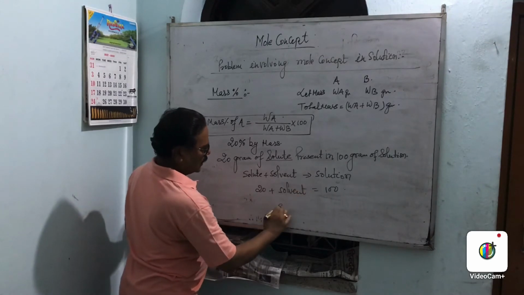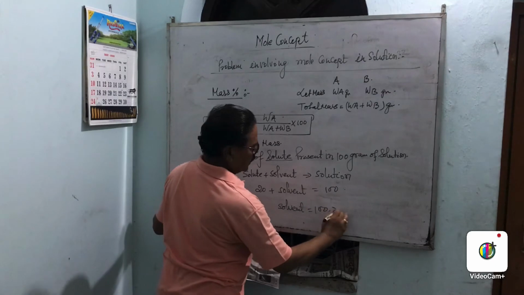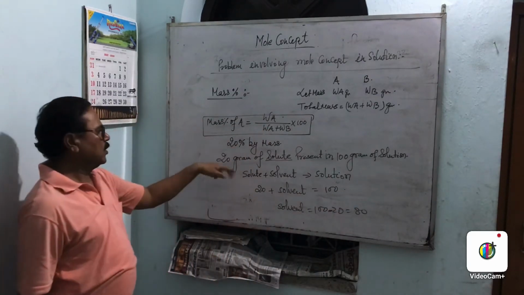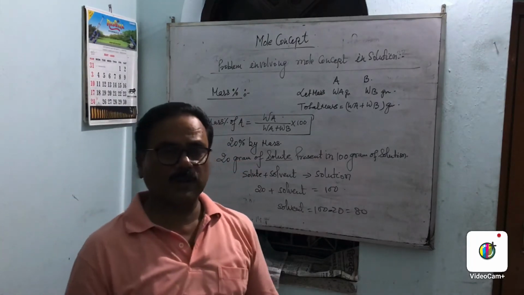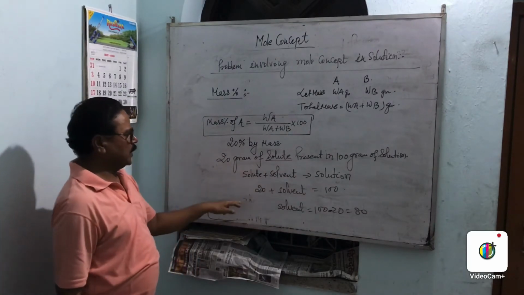The mass of solvent comes to be 100 minus 20, that is 80 gram. So when the problem gives the mass percent, 20%, 25%, 40%, whatever it be, we calculate it in this way, right?